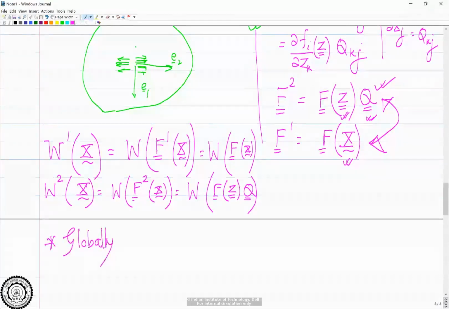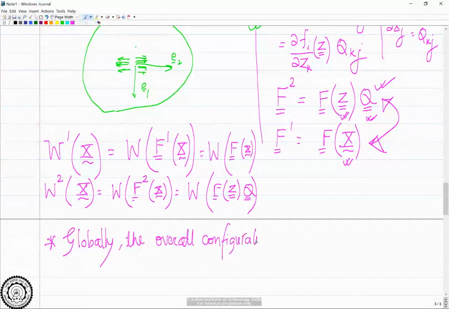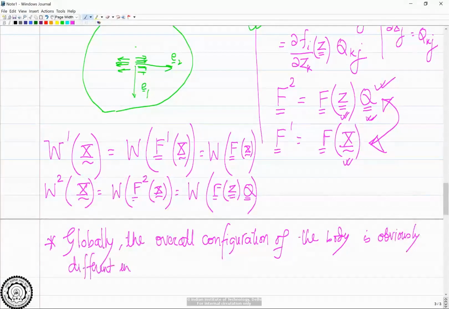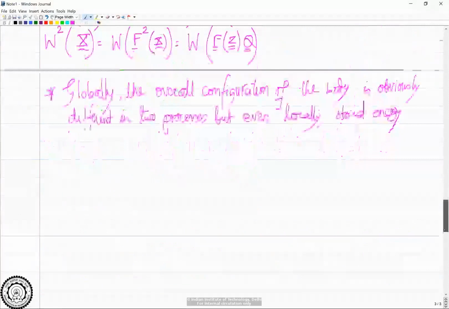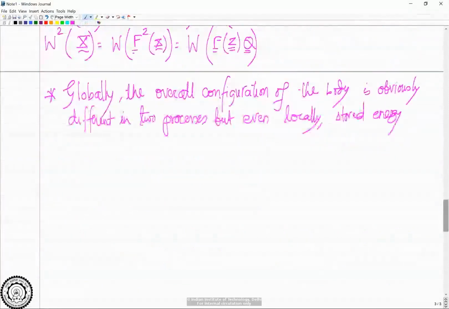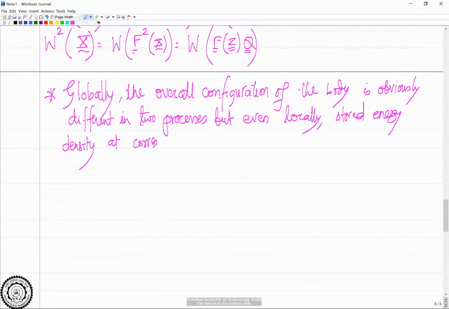Globally, the overall configuration is obviously different, but even locally, the stored energy density at corresponding points is different.